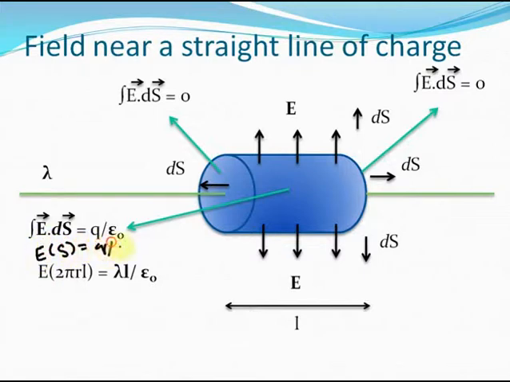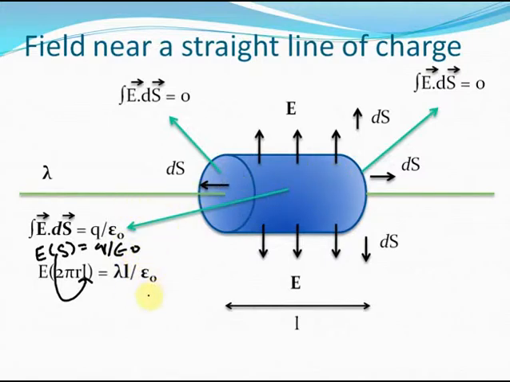The surface area of the cylindrical Gaussian surface is 2 pi r into L, isn't it? Where L is the length of the cylinder. The charge enclosed by this cylindrical Gaussian surface is clearly lambda L. That's because lambda is the charge per unit length of the straight line of charge and L is the length of the line of charge enclosed by the cylinder.